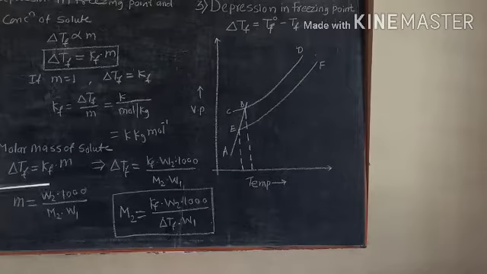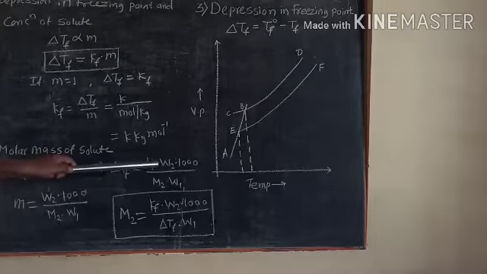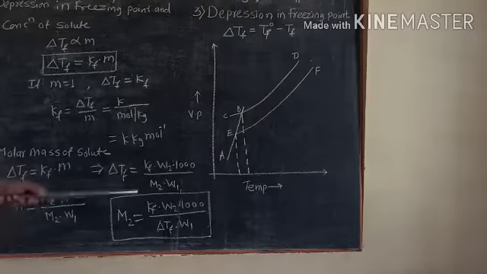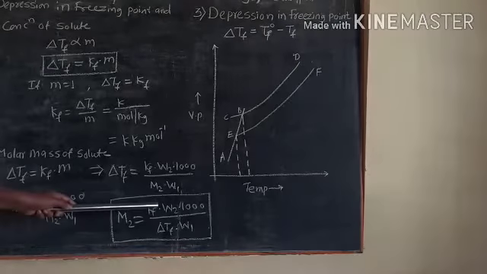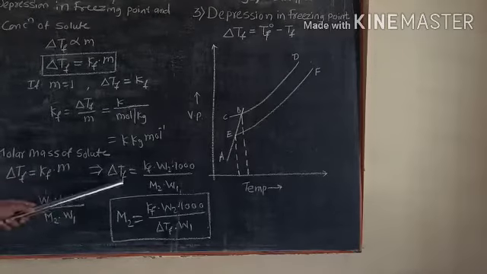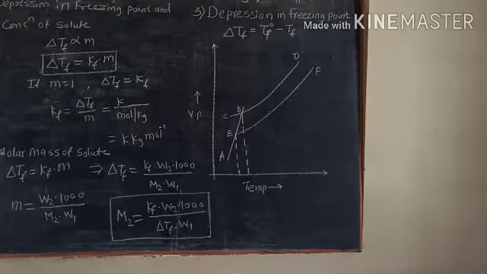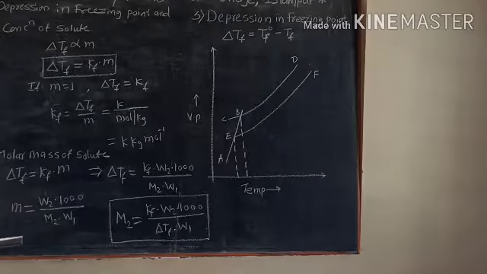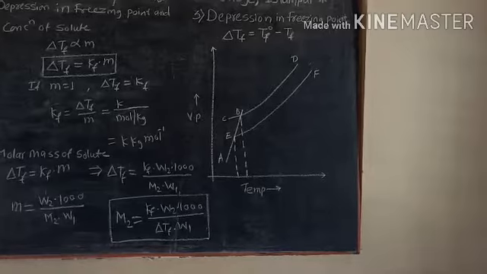Putting these values in the above equation, delta Tf is equal to Kf into W2 into 1000 divided by M2 into W1. Rearranging the equation, M2 is equal to Kf into W2 into 1000 divided by delta Tf into W1. By knowing the values of Kf, W2, delta Tf and W1, the molar mass of the solute can be easily calculated.